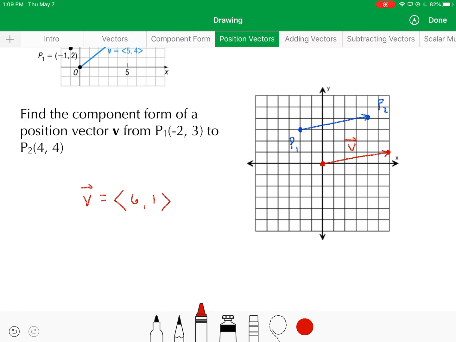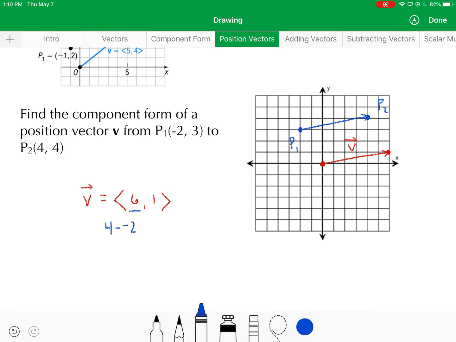Now understand, in order to get the components of 6 and 1 here, you don't actually have to graph the original vector from point 1 to point 2. You could just use a little bit of algebra based on the coordinates of point 1 and point 2. So this 6 can be found by taking the x-coordinate of point 2, which is 4, and subtracting it by the x-coordinate of point 1, which is negative 2.